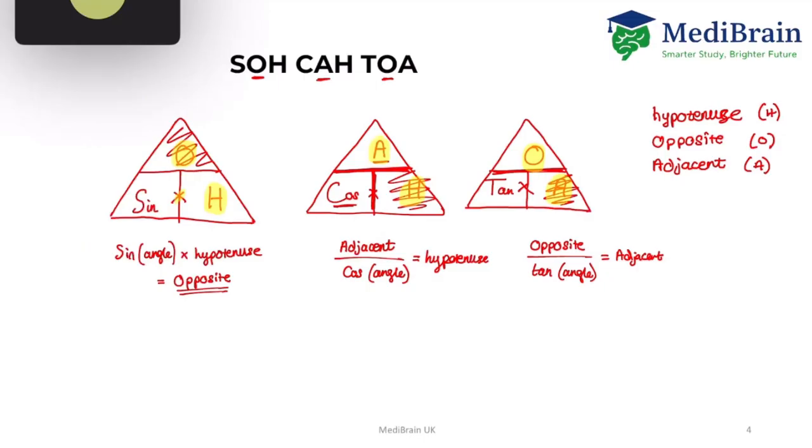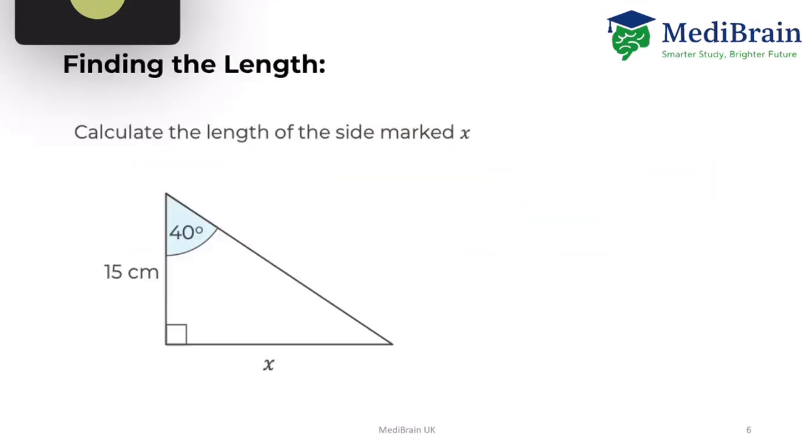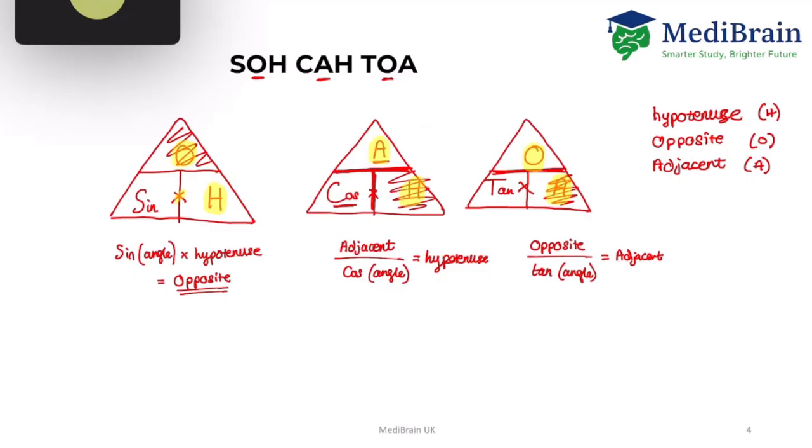Okay, so that's how we're going to use SOH CAH TOA basically, and this will make more sense when we move on to some examples. And I think the next thing is examples, yeah. But for now, what you need to know is this formula, SOH CAH TOA.